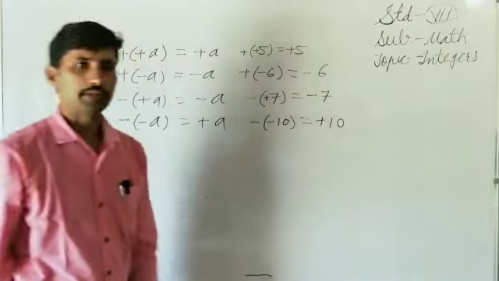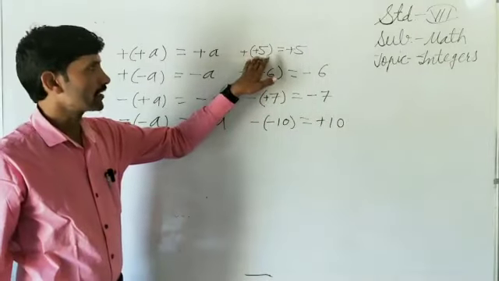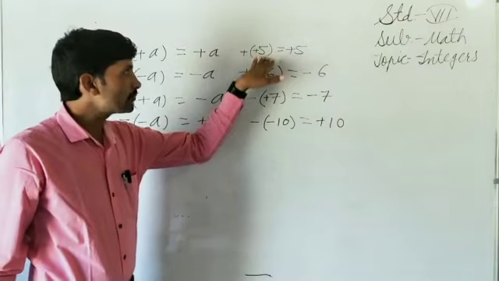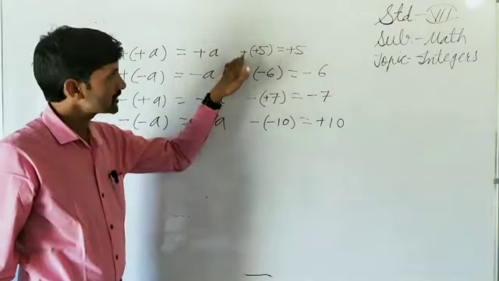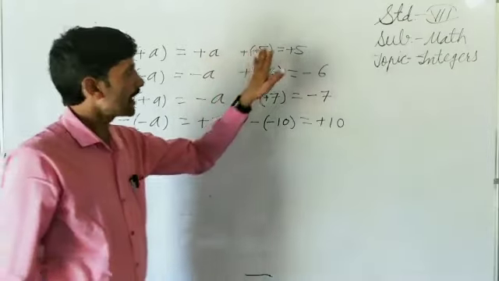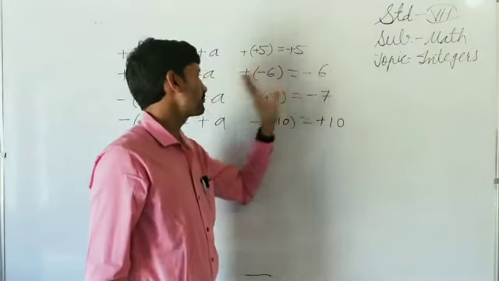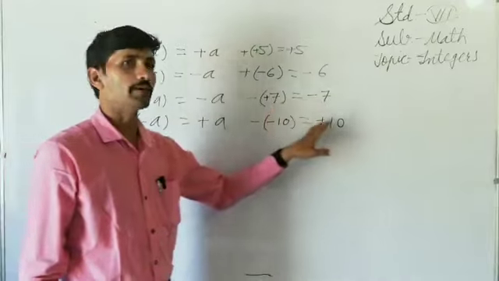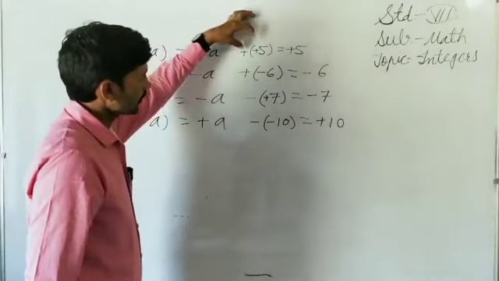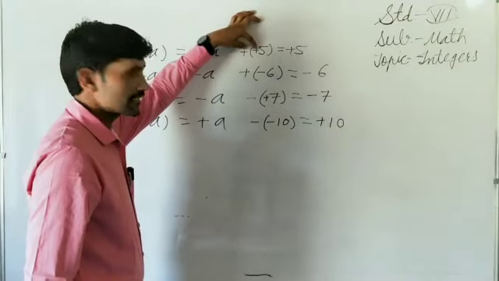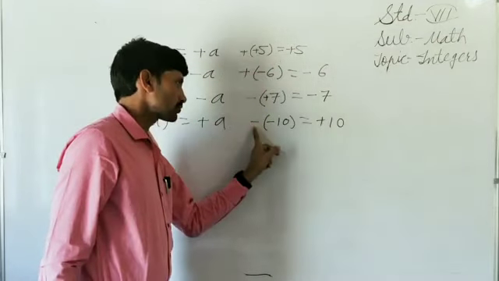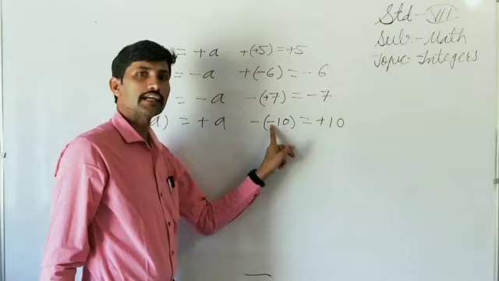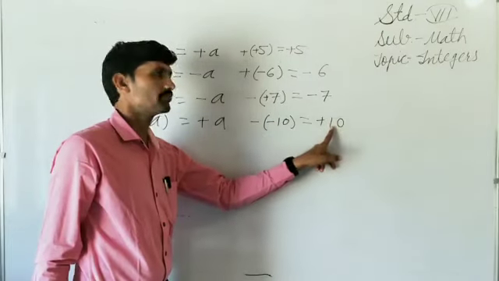So always keep in mind, whenever you are opening a bracket, if the signs inside and outside the bracket are opposite, one plus and the other minus, then it will become minus, and if both are the same, then it will become plus. See, here the signs outside and inside the bracket are both plus, the same, so that's why it has become plus. Here also the signs are the same, so it also has become plus.